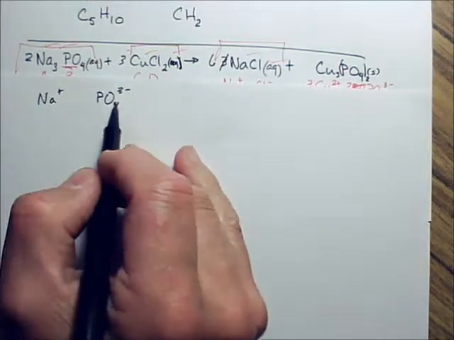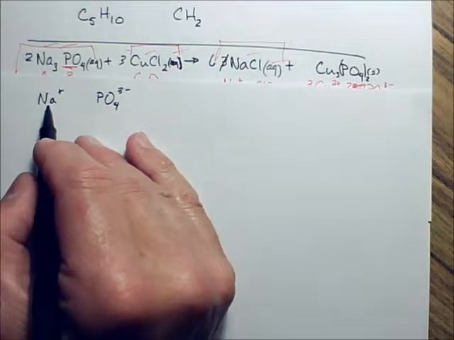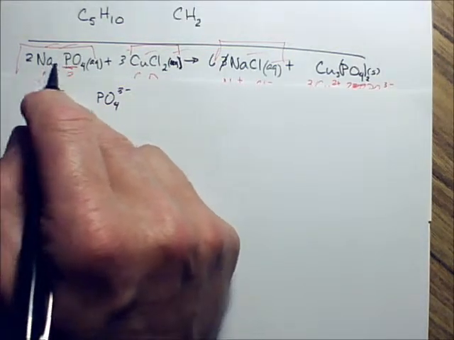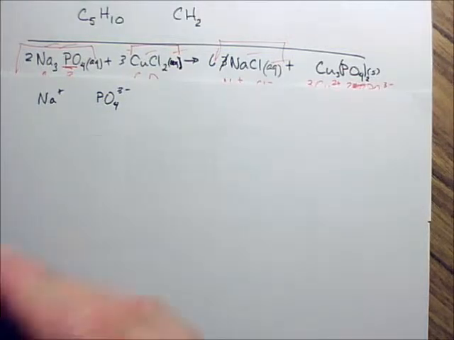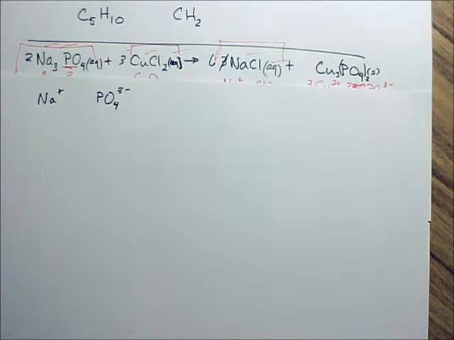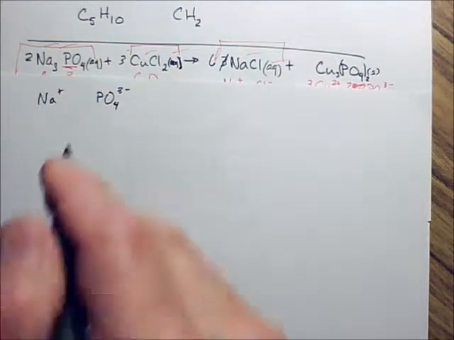Now we need to know how many of these we have. How many sodiums do I have in this formula right here? I have 2 of the whole compound. How many sodiums do I have? 6 of them.